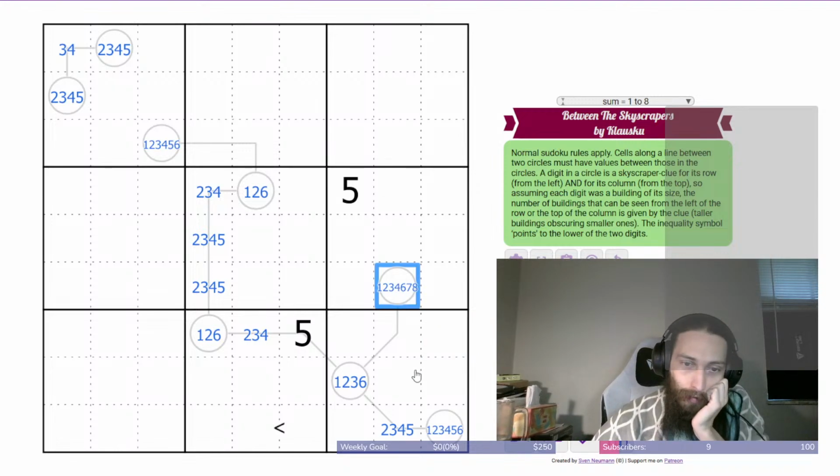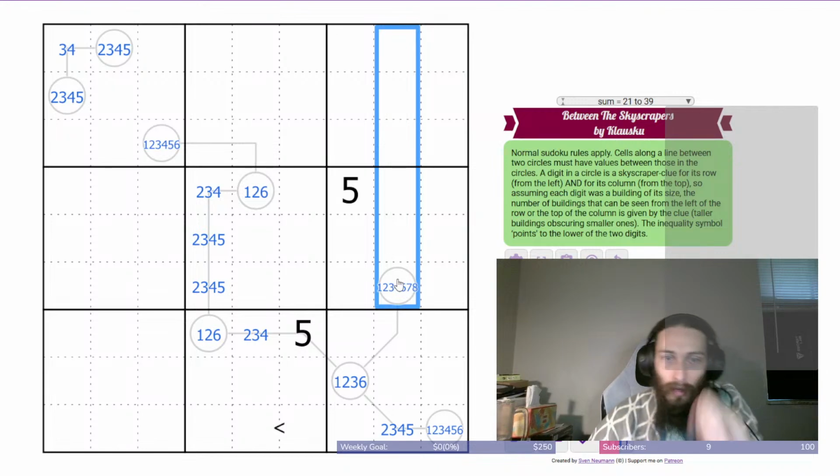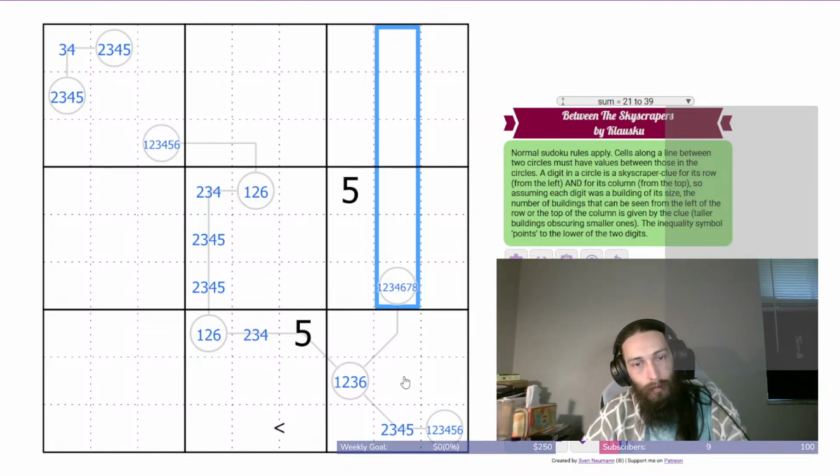Although I guess if this was 7 or 8, the 9 is fixed. Which I guess if this is an 8, then that's 7. And then you can't put the 9 here or here, so that would be that.